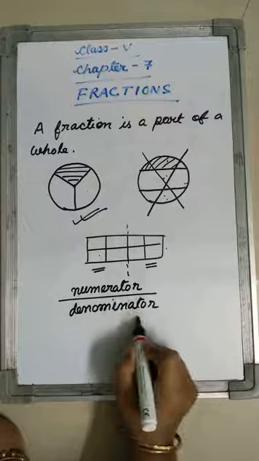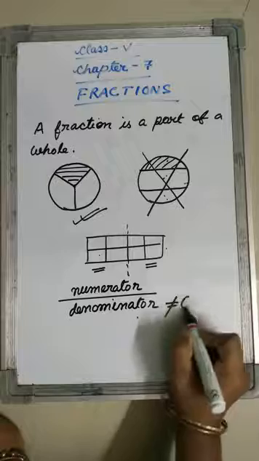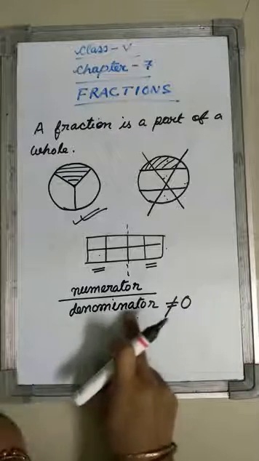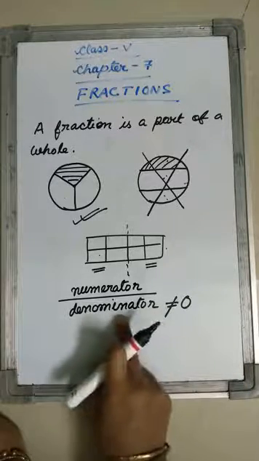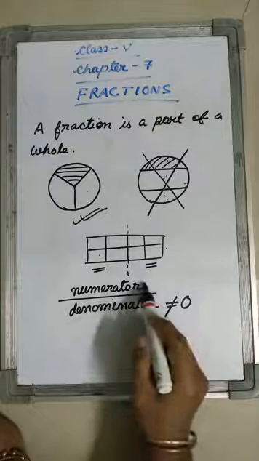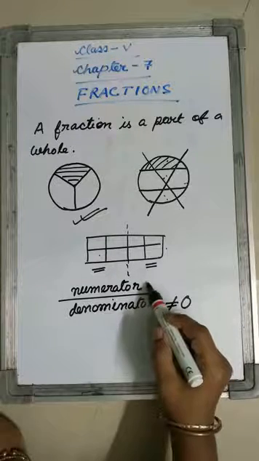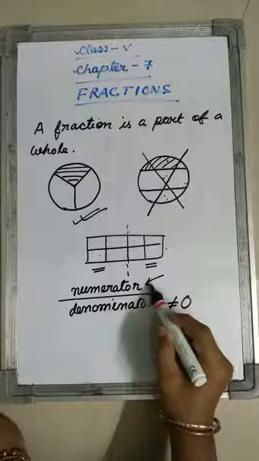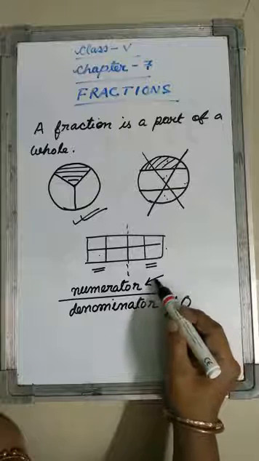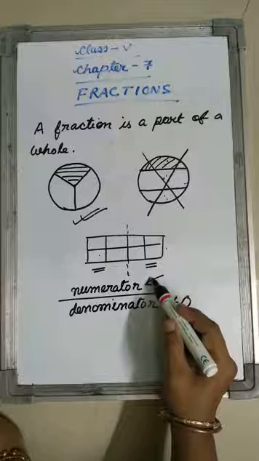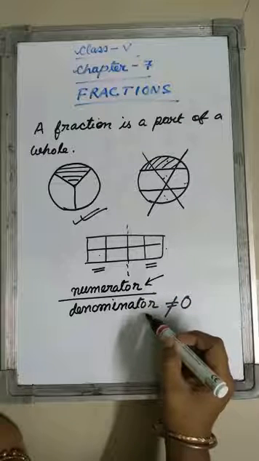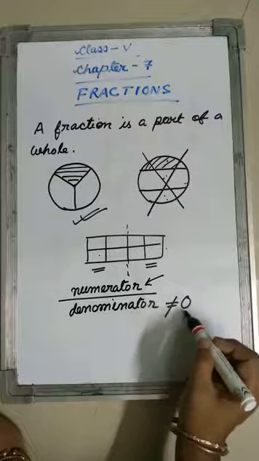Denominator cannot be equal to 0. What is numerator? Numerator is the portion or the part which we write in the upper part, and denominator is the lower part, which is not equal to 0.